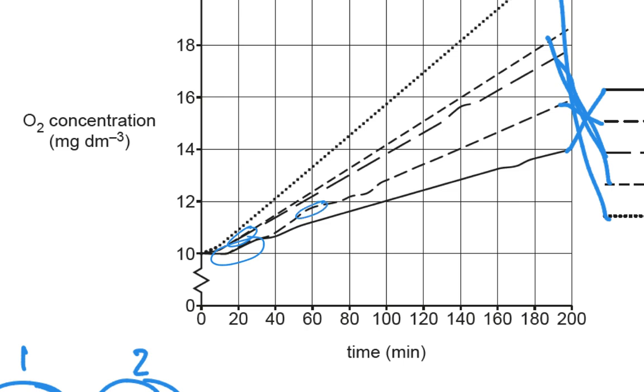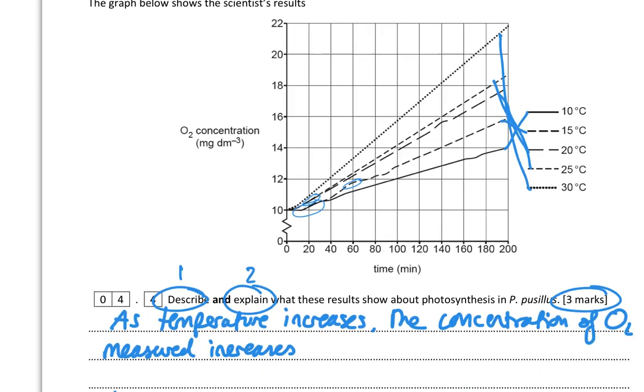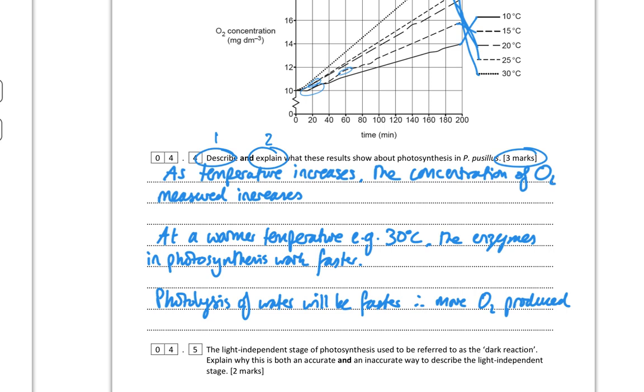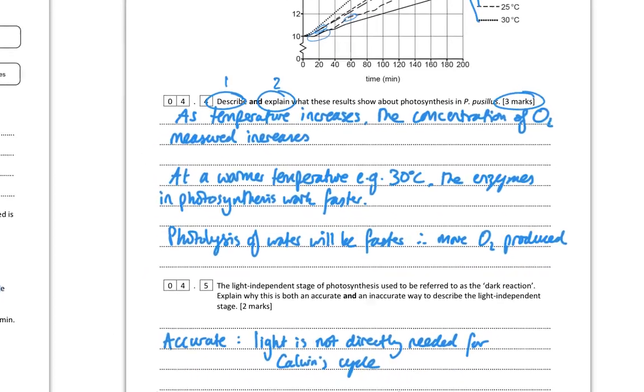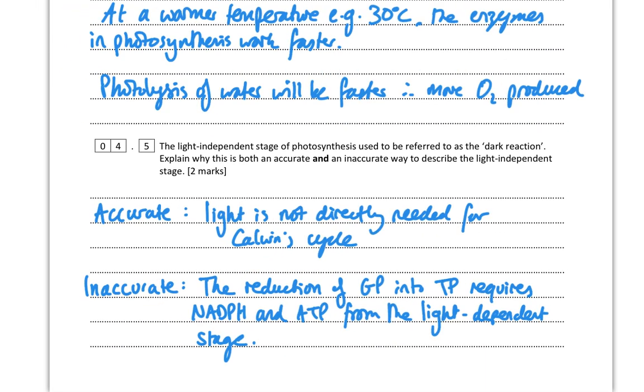I'd be getting into more detail about that nuance of difference. But because it's a 3 marker, there have to be more marks in the explanation. As it's warmer, the enzymes in photosynthesis work faster, so photolysis of water will be faster. Therefore, more oxygen is produced. What makes oxygen in photosynthesis? It's the photolysis of water.